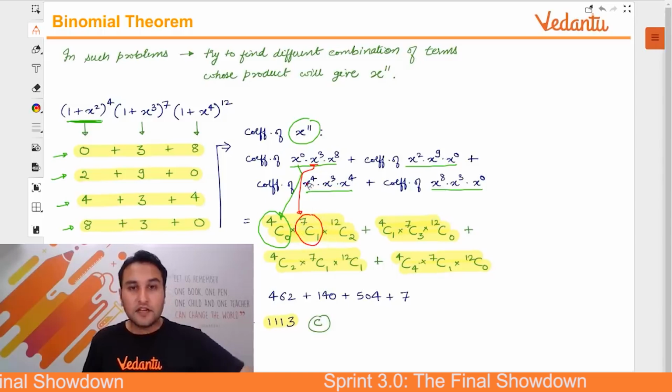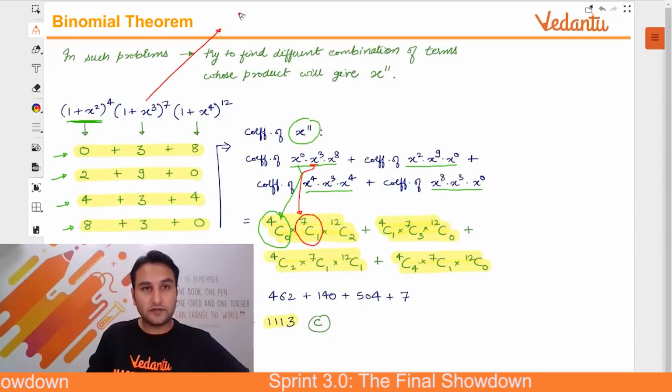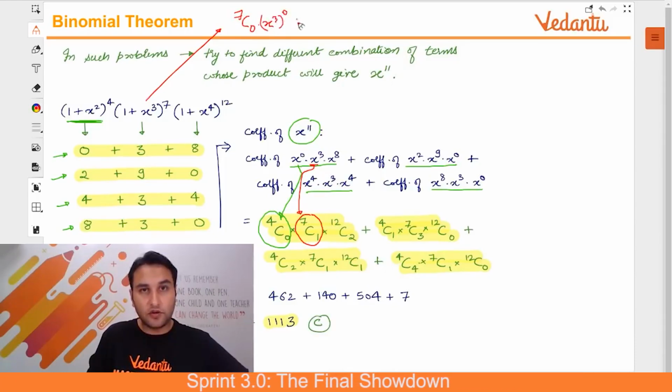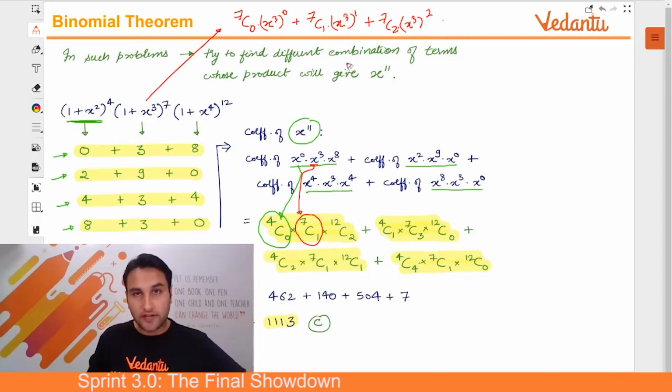When it is 7c1, if you expand this, what will come? 7c0 x^3 to the power 0, 7c1 x^3 to the power 1, 7c2 x^3 to the power 2 and so on. So can you visualize what the coefficient will be for x to the power 3? 7c1.